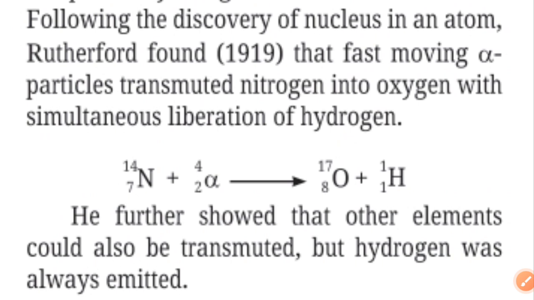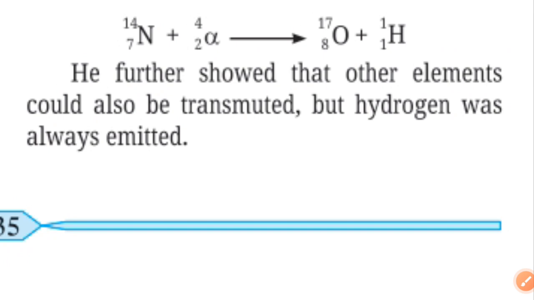Nitrogen-14 (atomic mass 14, atomic number 7) reacts with alpha (atomic mass 4, atomic number 2) to give oxygen-17 (atomic mass 17, atomic number 8) plus hydrogen (atomic mass 1, atomic number 1). He further showed the other elements could also be transmuted, but hydrogen was always emitted.